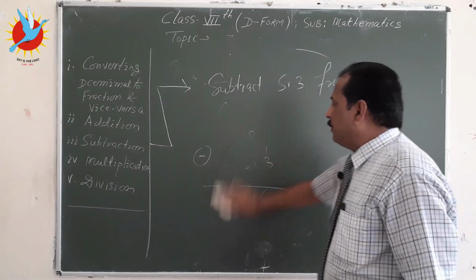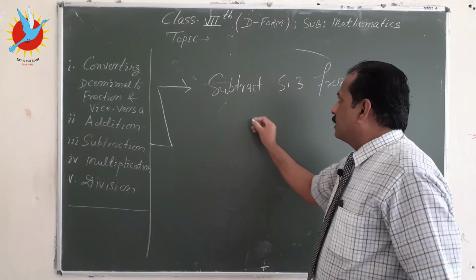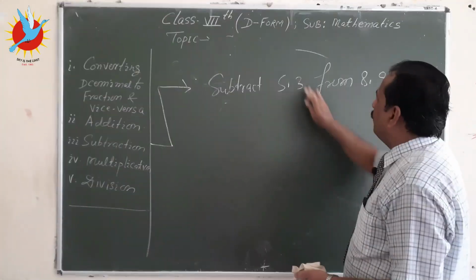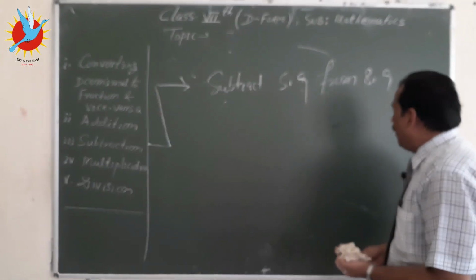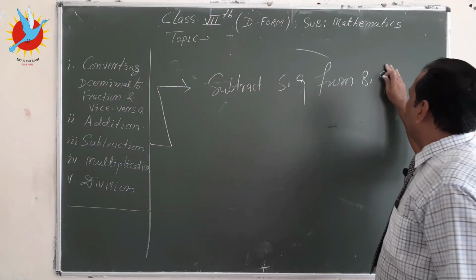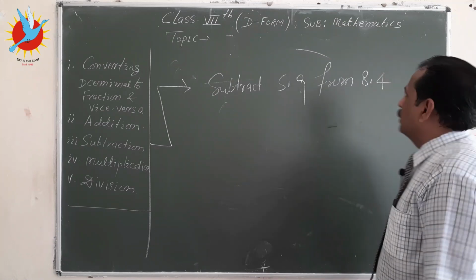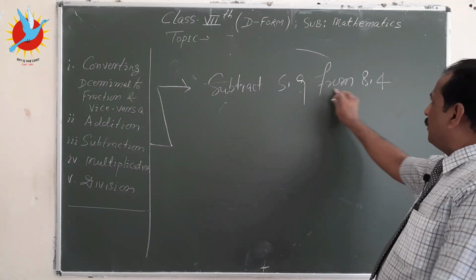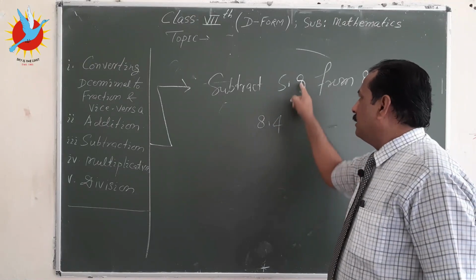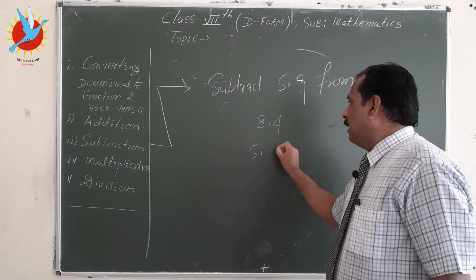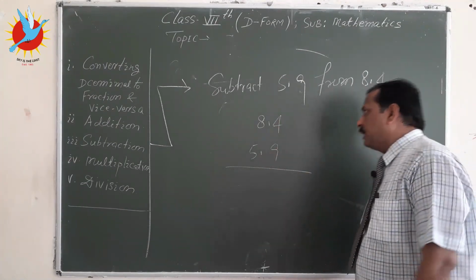Take another example. Another example is this: subtract 5.9 from, let us say, 8.4. So, how to do it? Again, from part will be on the top, 8.4, and this is 5.9, and decimal below decimal you have to take care.